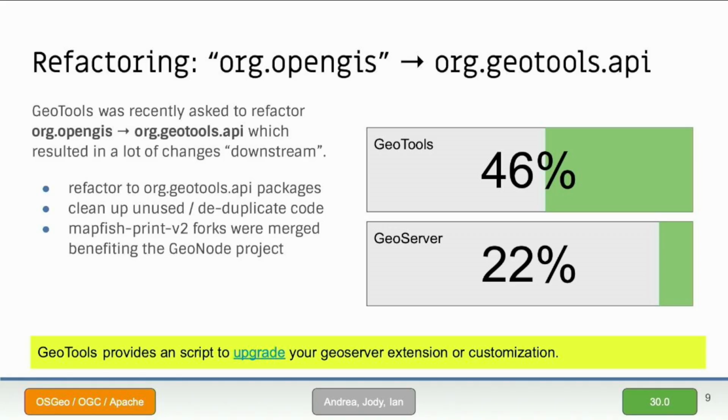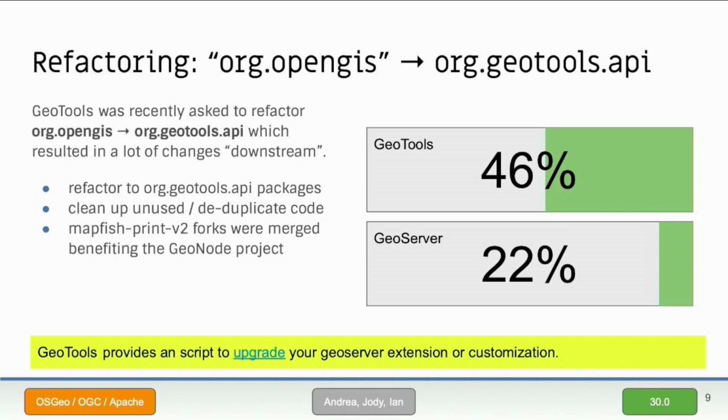It was a hard learning experience for us that to have collaboration between project teams, everybody needs funding at the same time. So flash forward like 15 years later, they're like, hey, org OpenGIS is trademarked. You have to stop using that. And so OSGeo and the OSGeo board helped bring together some funding, about 20,000, for us to take those packages and rename them and get them out of our code base.